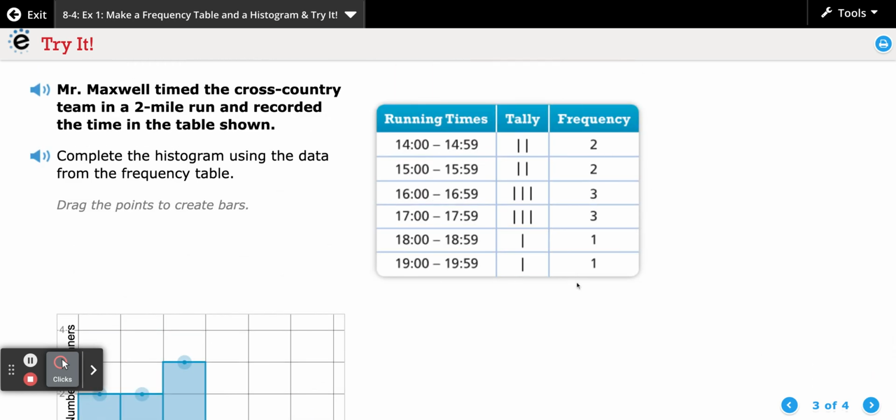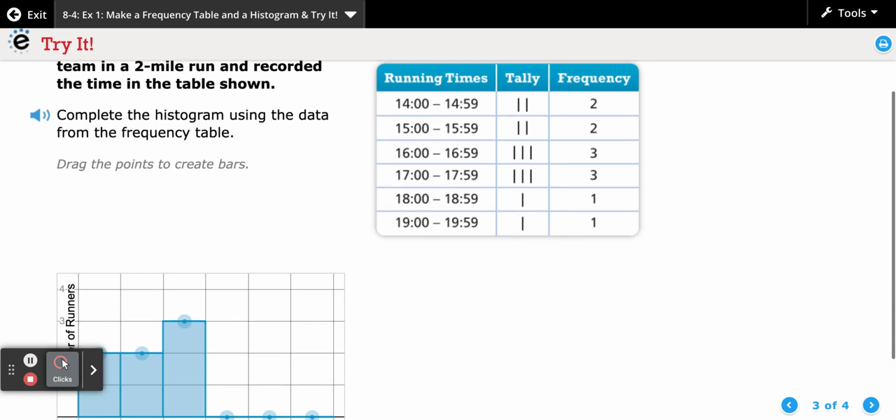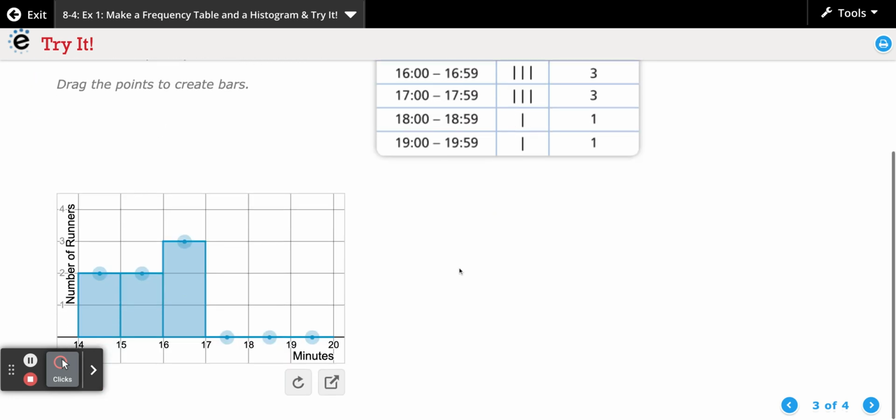So we did that correctly. Now we want to create our histogram. So we have 2 runners in the 14 to 14:59, and then 2 here, and then 3 here. We had 3 there, and then we had 1 here, and 1 there.